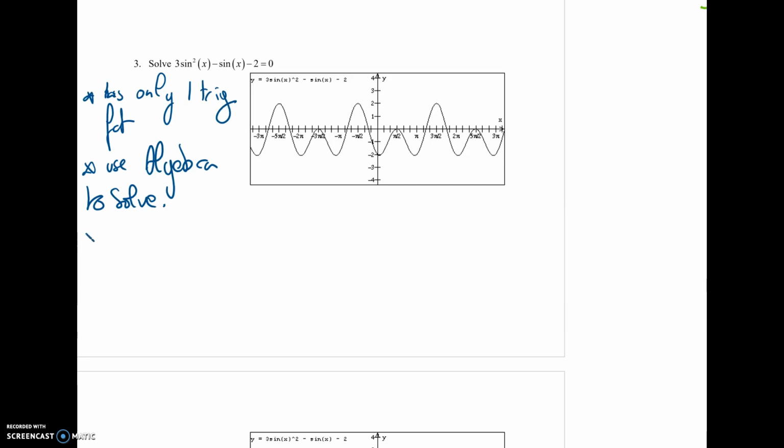When you look at that, you should be able to see that this is a quadratic-like equation.